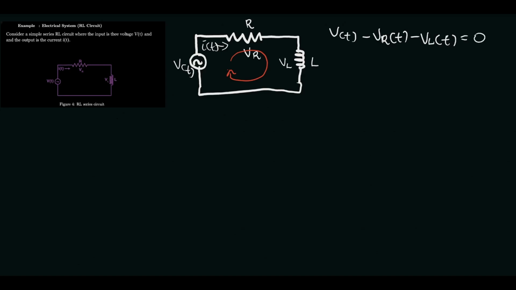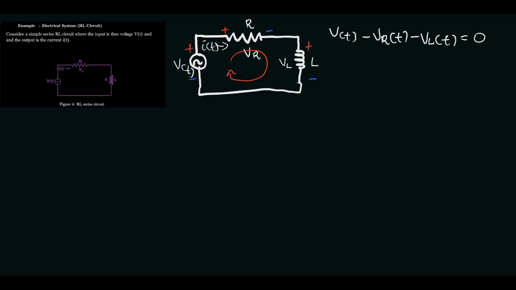That is because, say this is your positive, positive, positive. This place is your negative. That's how we derive this.